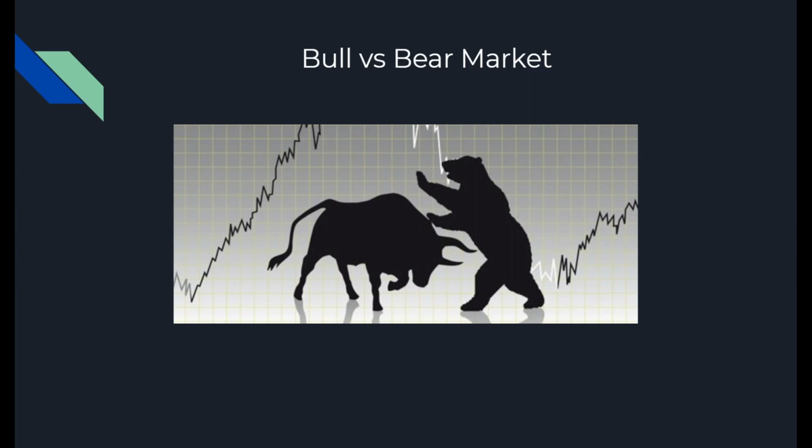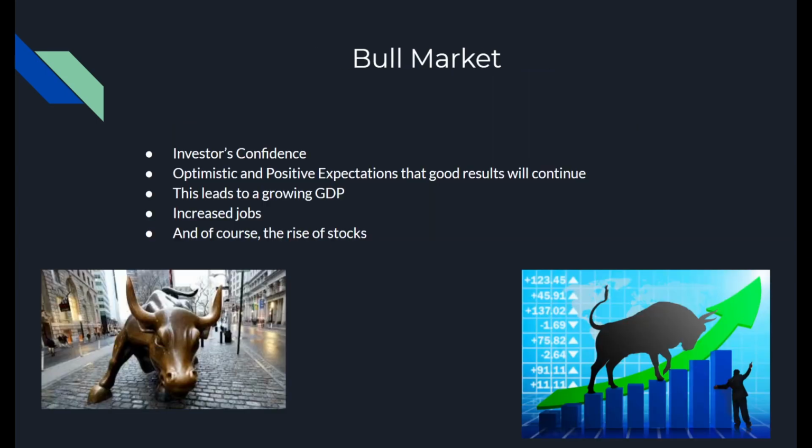So what's the difference between a bull and bear market? A bull market is where investors feel very confident. They're optimistic, with positive expectations that good results will continue. A growing GDP, increased jobs, and of course the rise of stocks. Obviously, today's market is a little weird, a little different. You obviously see a decline in jobs, a loss of jobs.